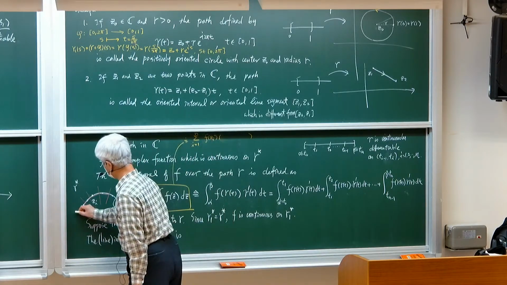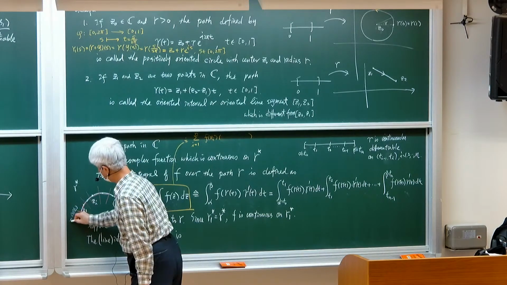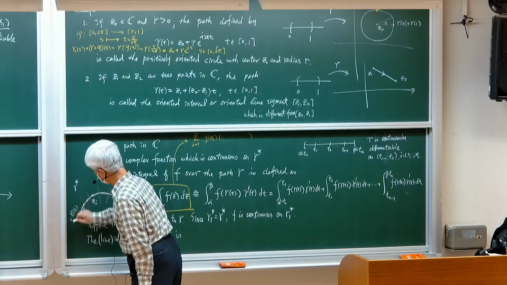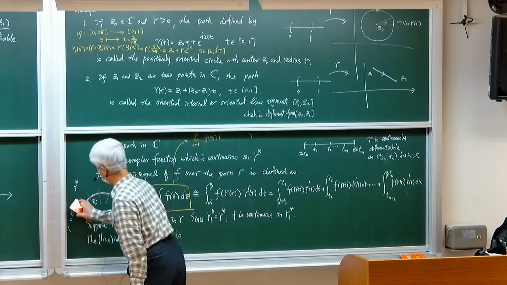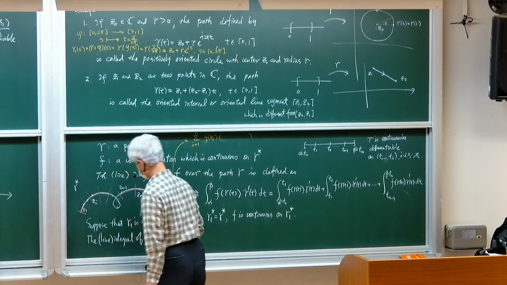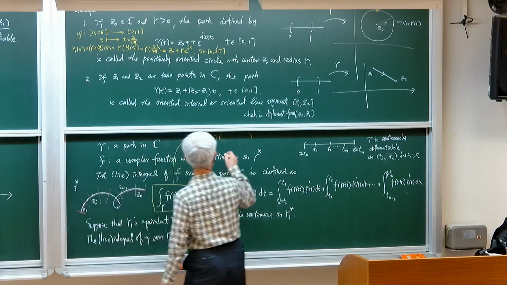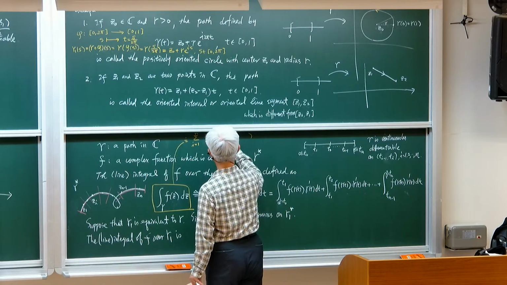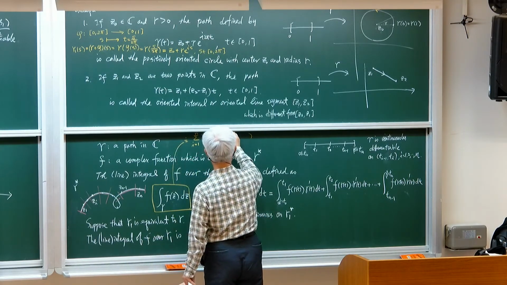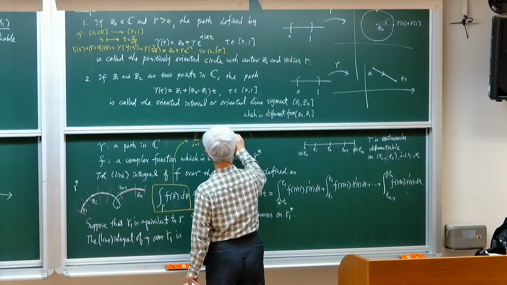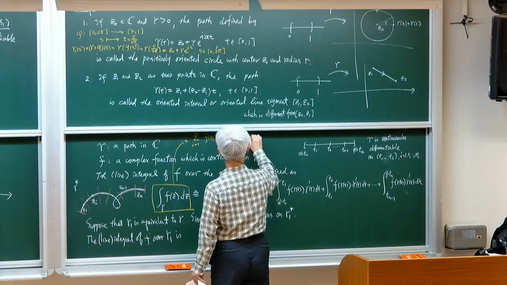So this is alpha, say T0, and delta z sub i is gamma of Ti minus gamma of Ti minus 1.